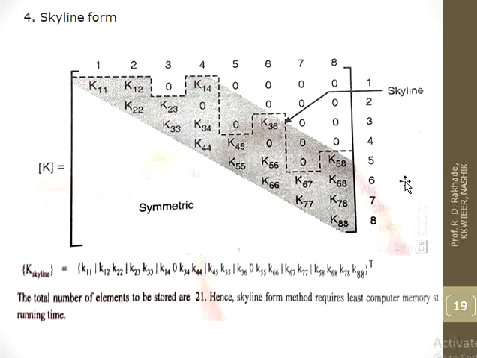If you use full form, 64 cells are required. And if you apply skyline form, only 19 cells are required to store your answer in computer memory. So the skyline form method requires the least computer memory and running time. Among all four forms, skyline is the best method to store your answer in the computer.